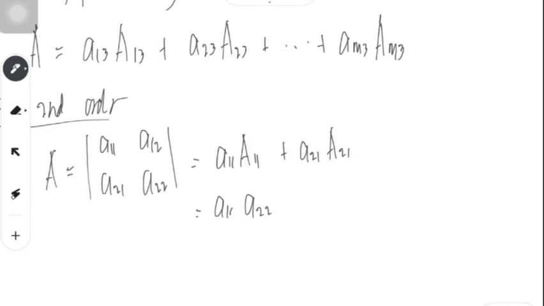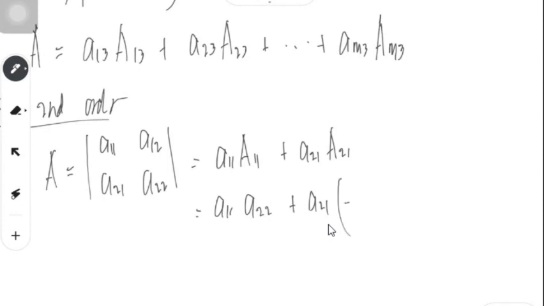Let's continue. Then, plus A21. Benji, kaingay. So, A21, what is the cofactor 21? 2 plus 1 is 3. Negative 1 to odd power is negative. So, it follows then that the cofactor is negative.